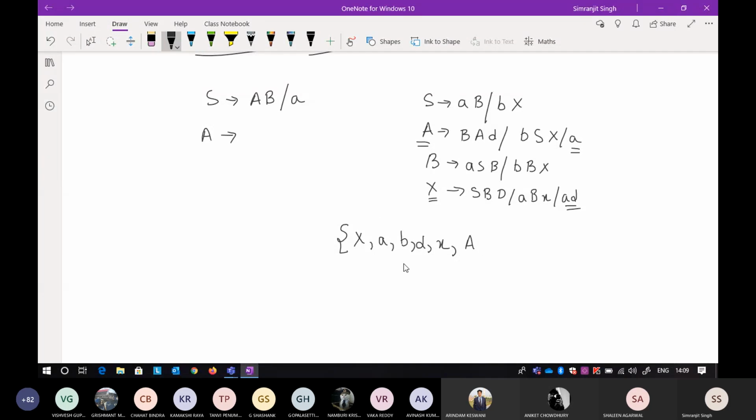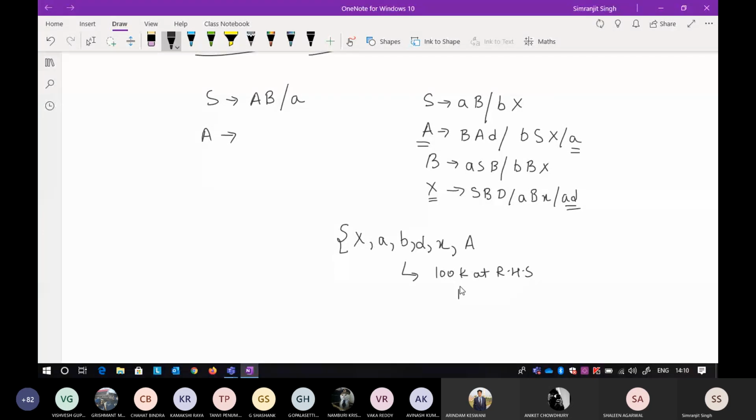Now how do you check whether a particular production and symbol is useless or not? There is a very easy way to solve this. Just look at the right hand side. This is your right hand side, this is your left hand side.